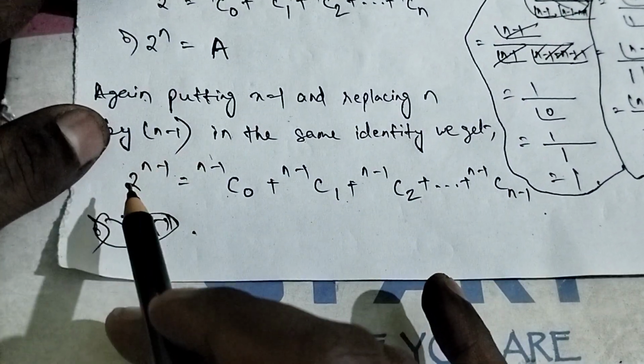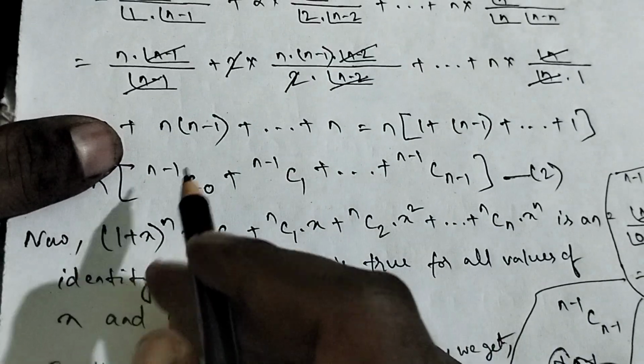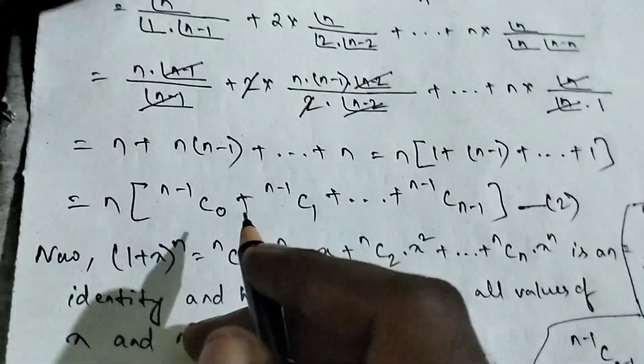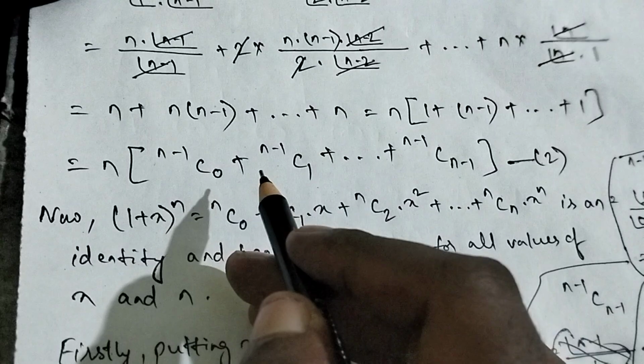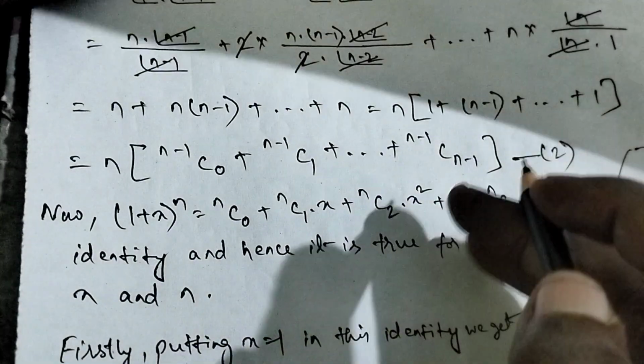Okay, and here 2 to the power n minus 1 is what? n minus 1 C0, n minus 1 C1, n minus 1 C1 plus dot dot dot n minus 1 C n minus 1.